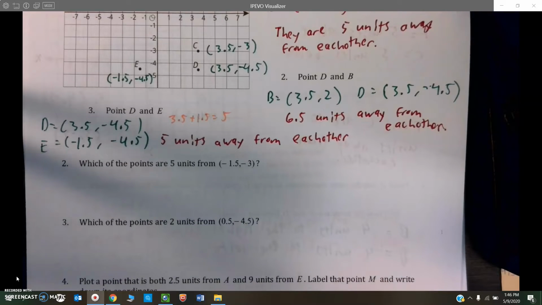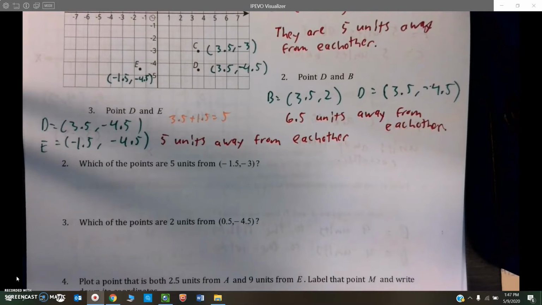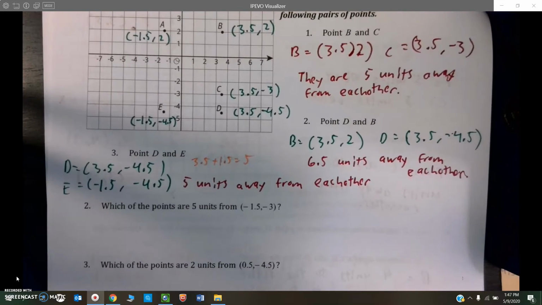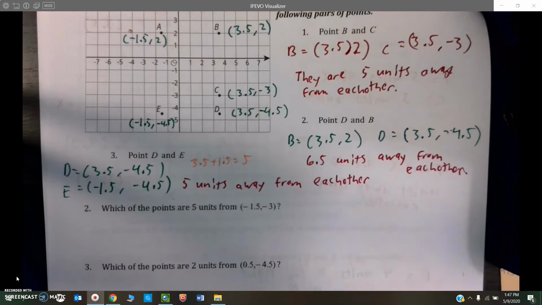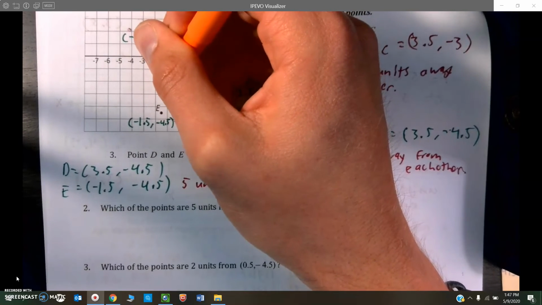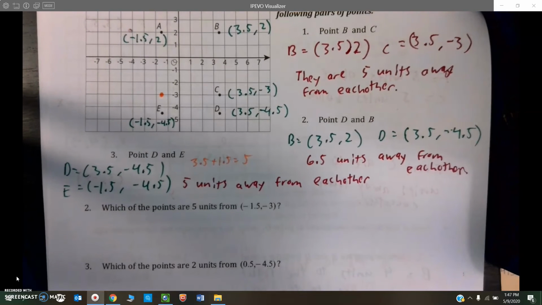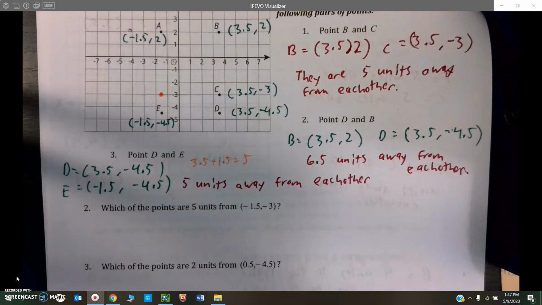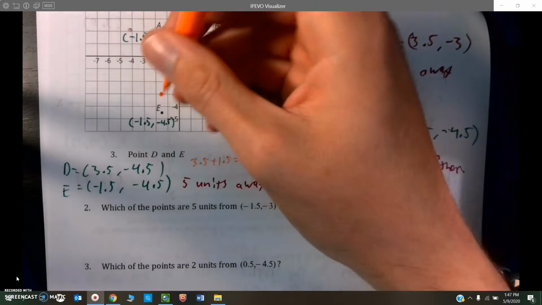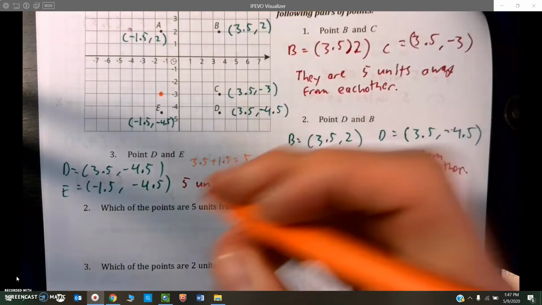Which of the points are 5 units away from (-1.5, -3)? Okay, so let's see here. (-1.5, -3) would be here. And now who is 5 units away from that? Looks like it would have to be C. 1.5 and then 3.5.